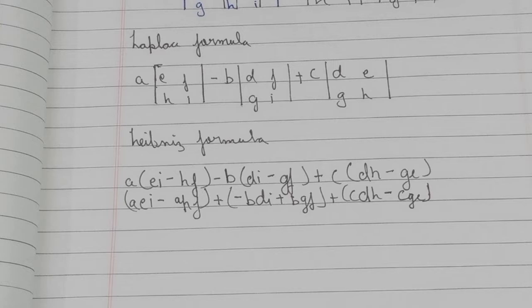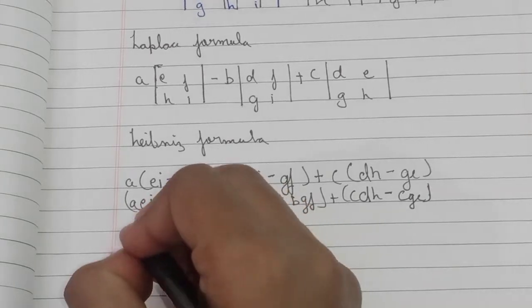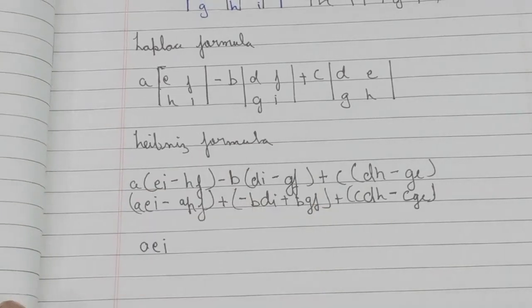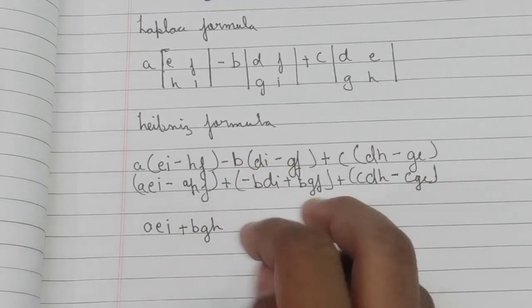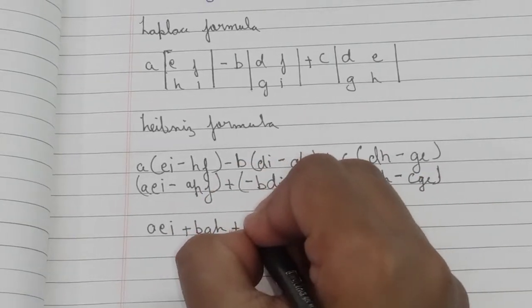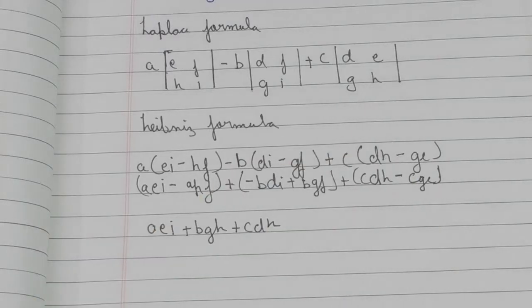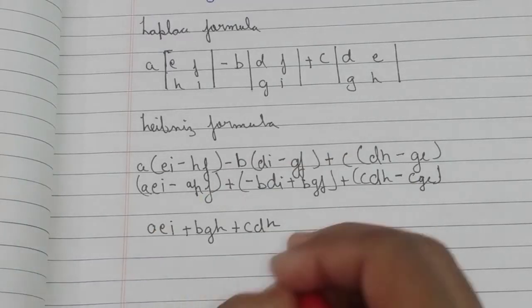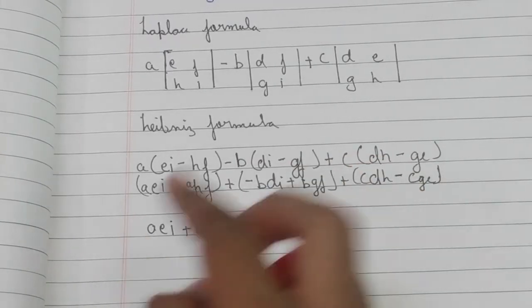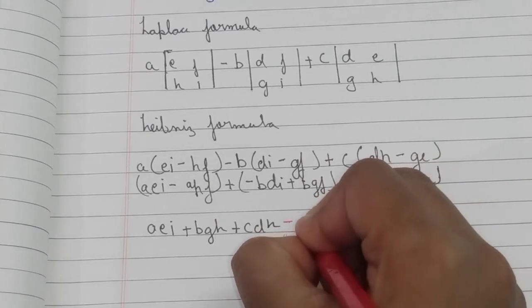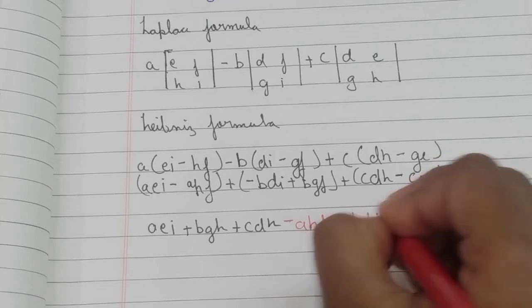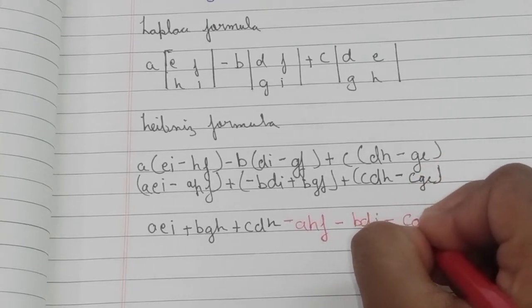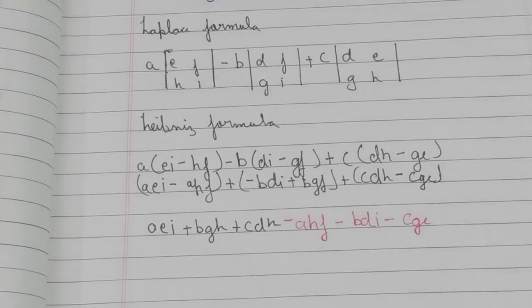Now if we group the positive terms and the negative terms, we get aei plus bgf plus cdh, and the negative terms are minus ahf minus bdi minus cge. So this is the determinant of a 3 by 3 matrix.